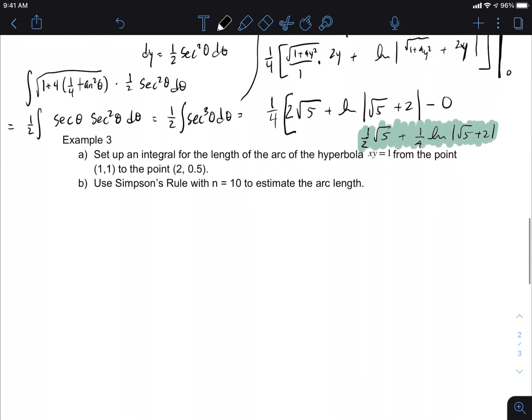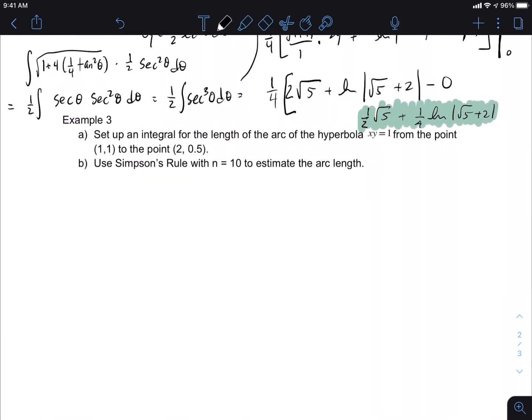Next problem. You can tell that the integration is going to be somewhat difficult because they're not asking you to do the integral. They're asking you to set it up, to see if you can set it up correctly. So let's look at it and decide, is it going to be easier to do it in terms of dx or dy?